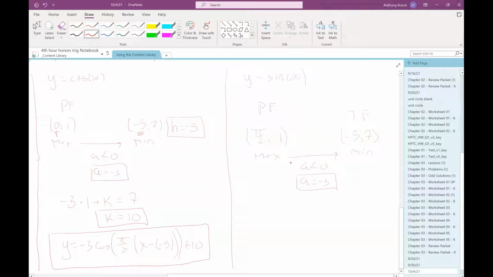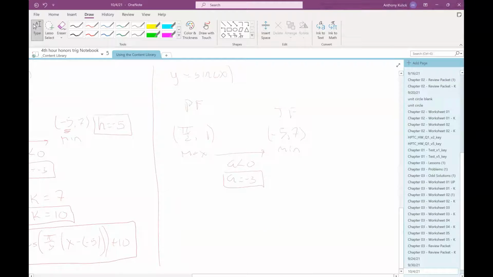And now I'm going to have to solve for h and k separately. So my c was 3 over pi times the x from my parent function plus h should give me the x from my transformed function.